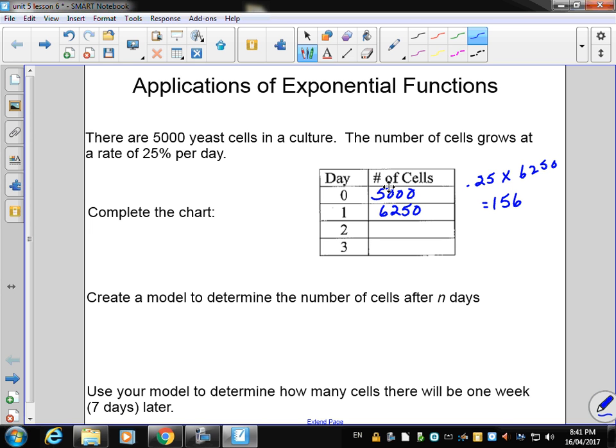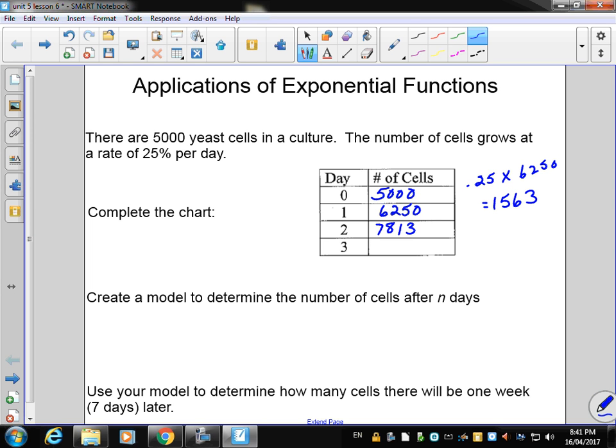I don't know if you can have half a yeast cell, so I'm going to assume not and round it up. But that's how many I increase by the next day. So I'm going to add that to my 6,250, and I'm going to have 7,813 now. They're going to take over the world.